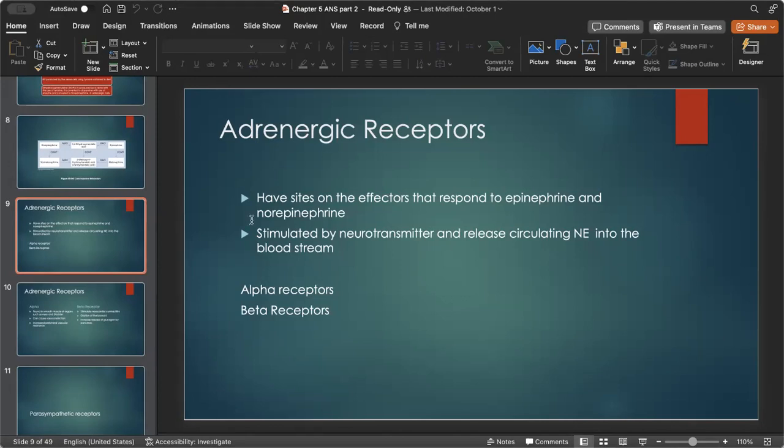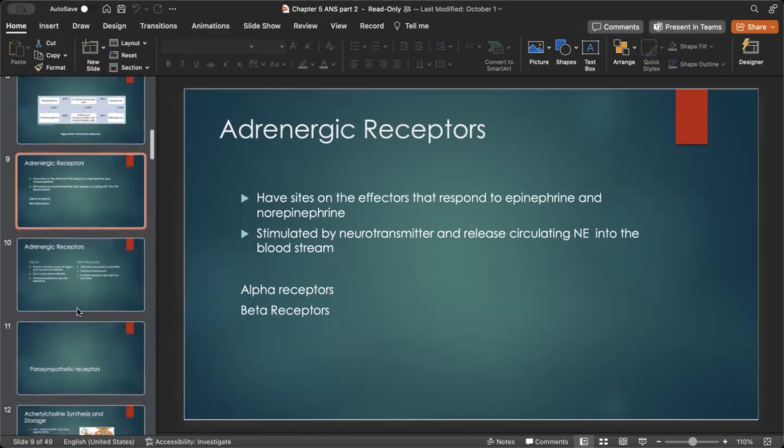Okay. So like I said, there's different receptors, and knowing which drugs work on what receptors is really, really important.